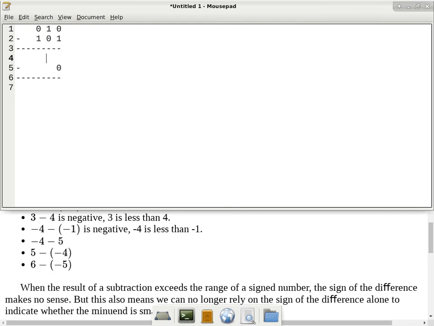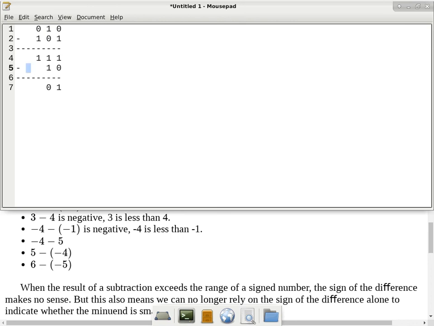All right, 0 minus 1 is a 1 with a borrow, like that. And then 1 minus 0 is just a 1. And then over here we have 1 minus 0 being a 1, 1 minus 1 being a 0, like that. And then over here we have 0 minus 1 being a 1 with a borrow.